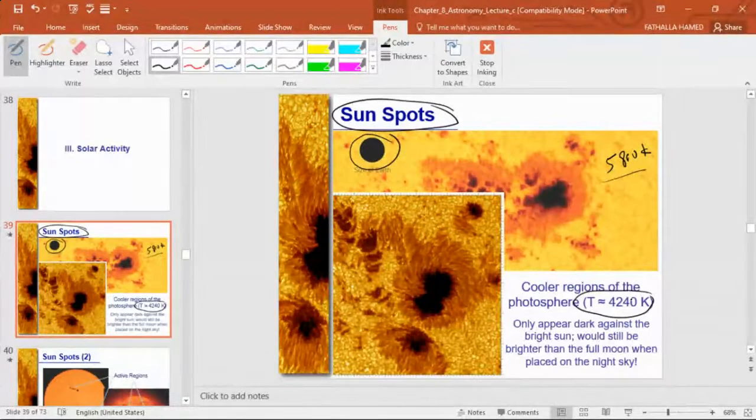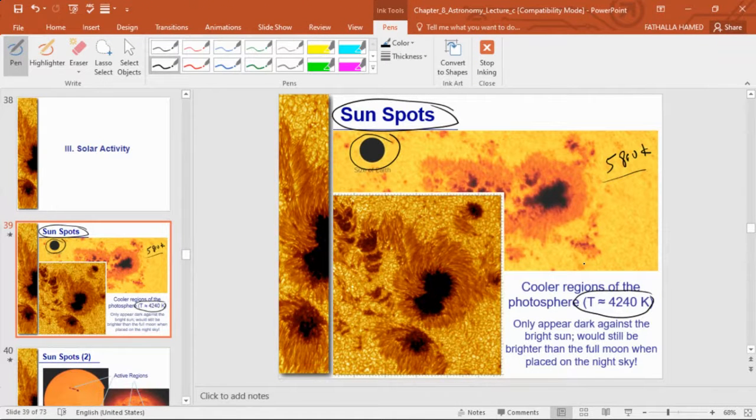But that's why, as we say here, they appear dark only against the bright sun. If you really take the surface of the sun away, they're very bright, because they're very hot. But they only appear this way because of the background of the surface of the sun. So that's one piece of information.